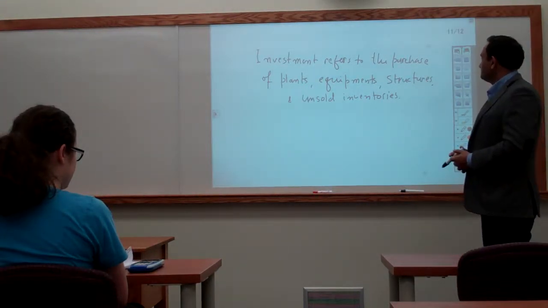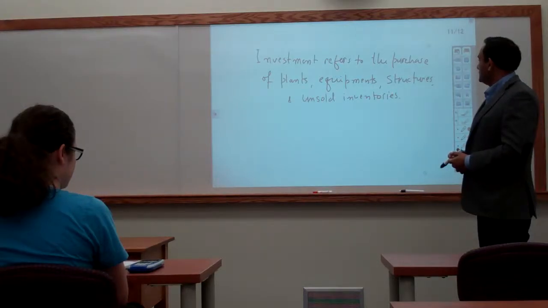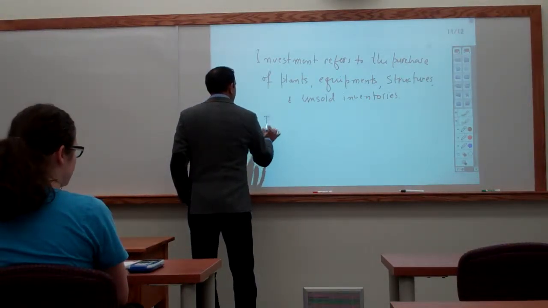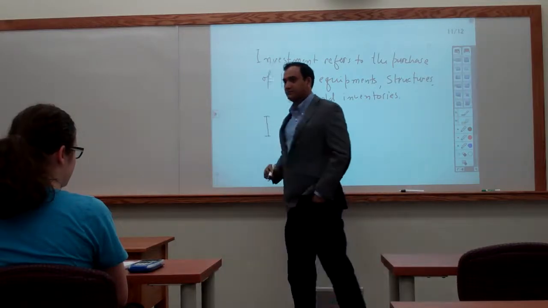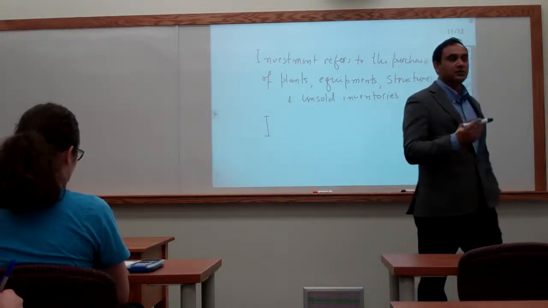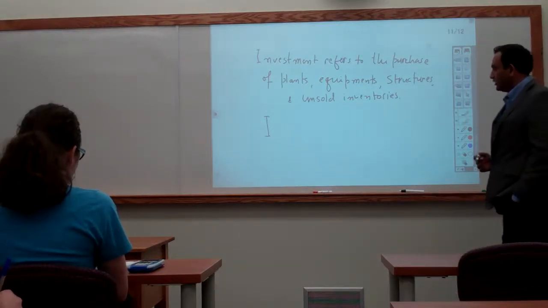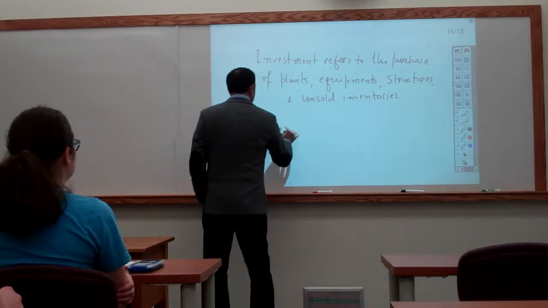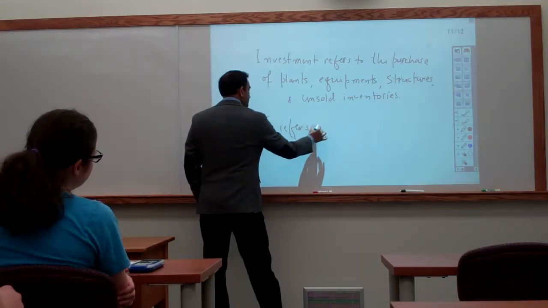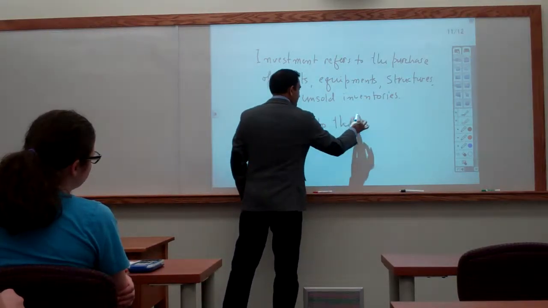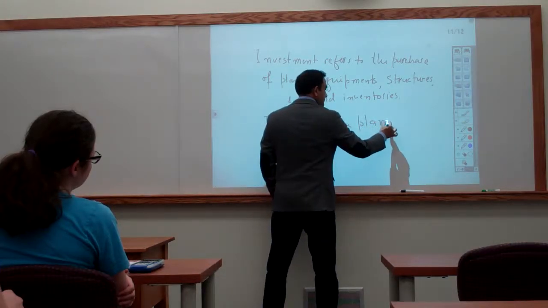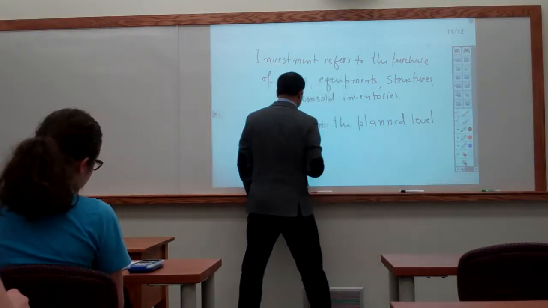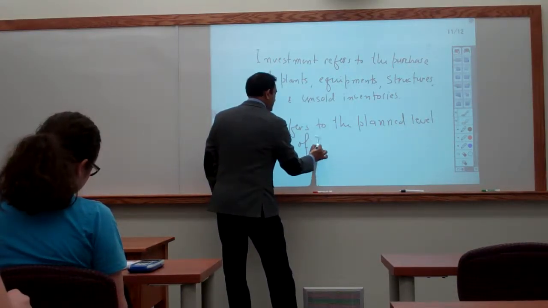We'll represent investment by the term I. I captures investment, and we'll call it the planned level of investment. So I refers to the planned level of investment by firms.